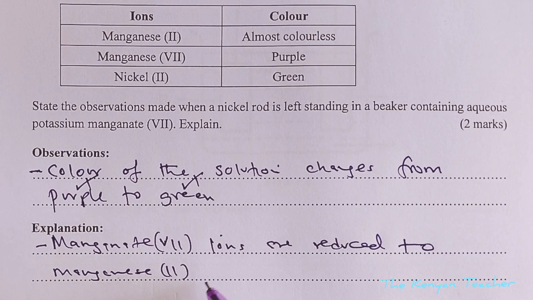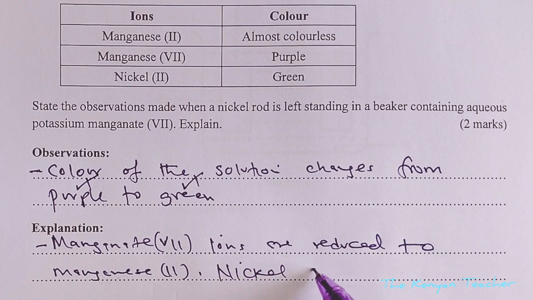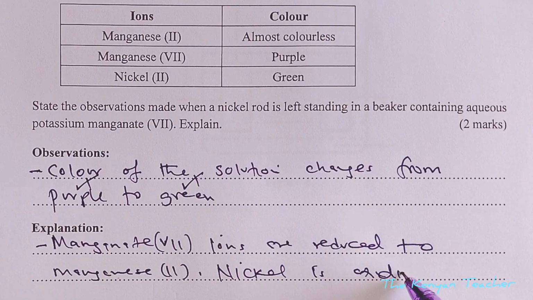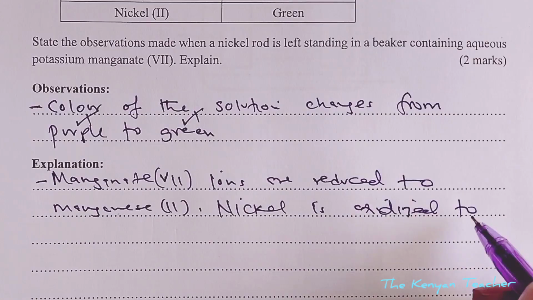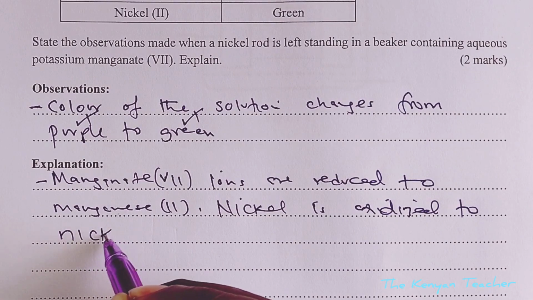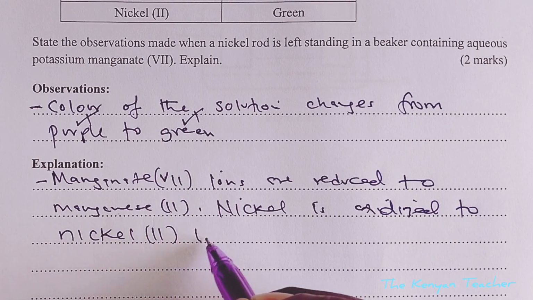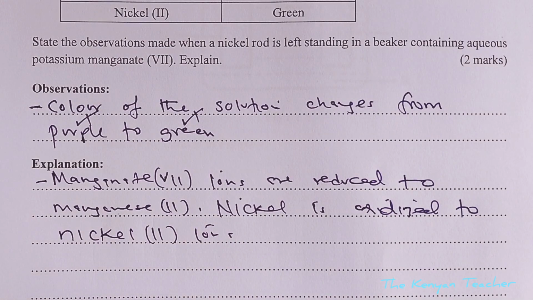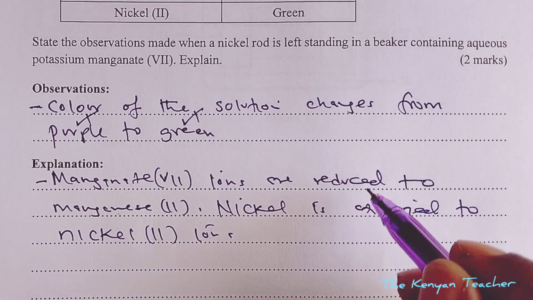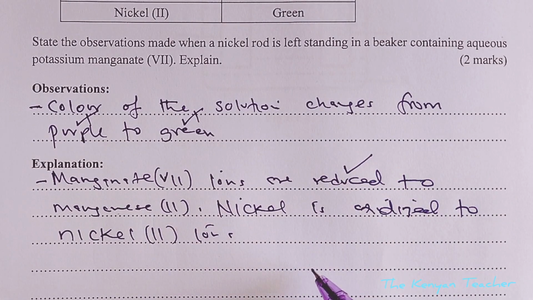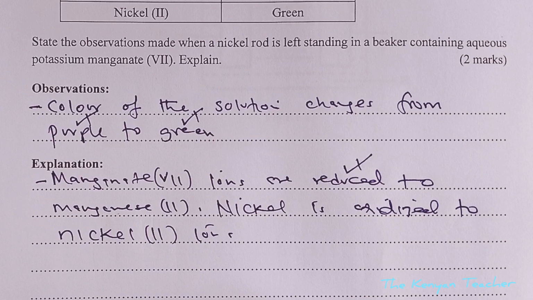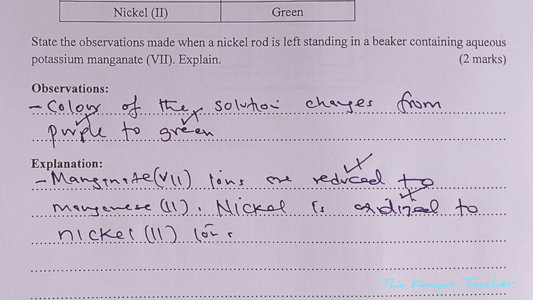Then at the same time, nickel rod is oxidized to nickel 2 ions. This would be the explanation for the next 1 mark. Reduction of manganate 7 to manganese 2, half a mark, and oxidation of nickel to nickel 2 ions, another half a mark. And now to part C.